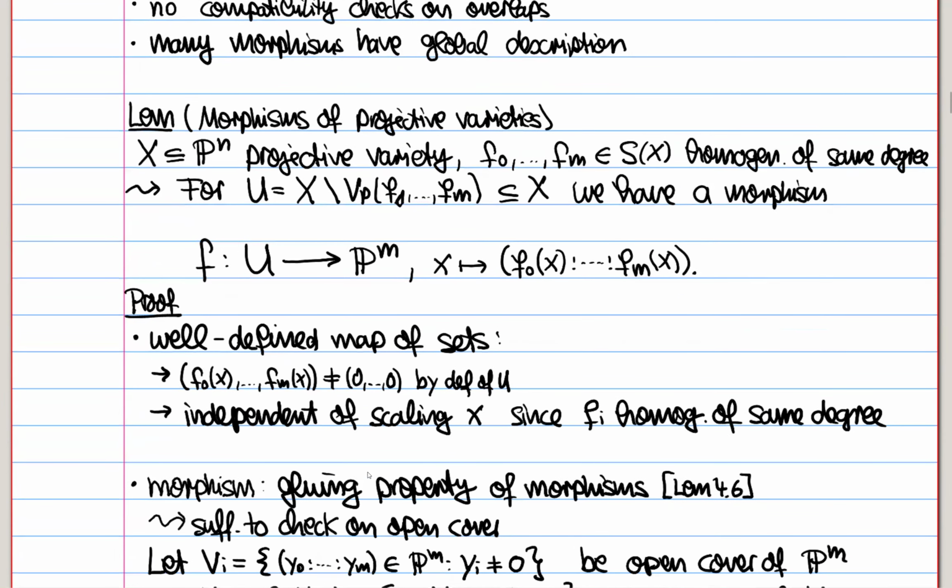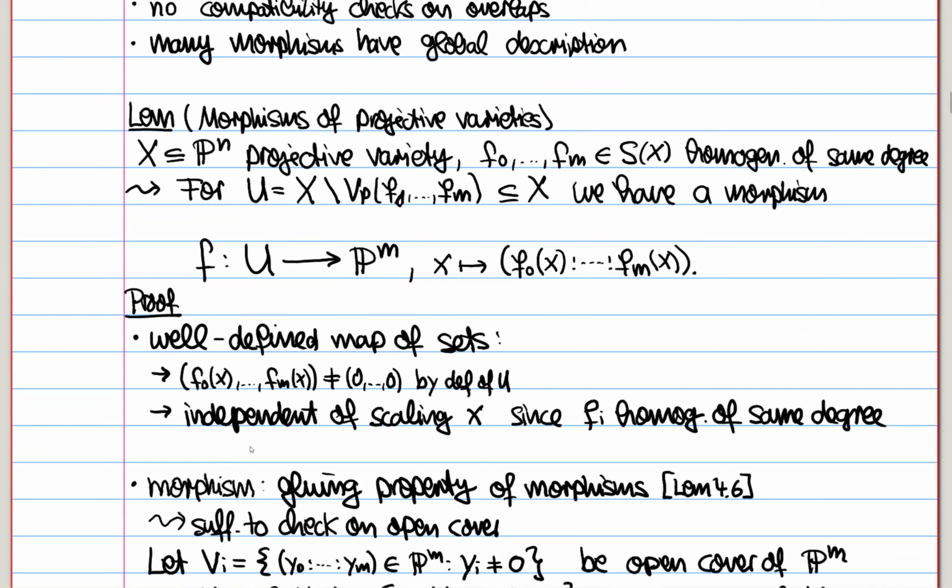And so first of all, let's check that this is a well-defined map of sets. Exactly because we restrict X to lie in U, not all of these functions vanish at the same time. And so this vector here is not the zero vector, and this gives some element of projective space Pm.